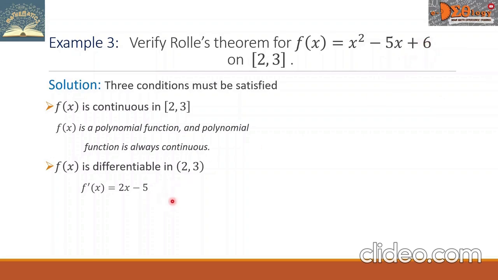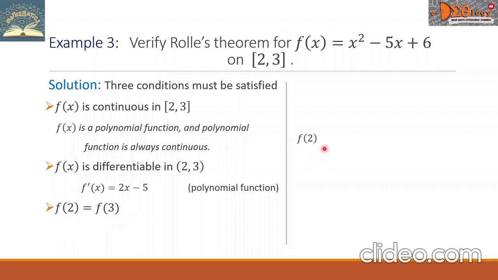And from here, we can see that the derivative function is another polynomial. And we say that polynomial function is always continuous. So, second condition is also satisfied. Third condition, with respect to our interval, we have this f of 2 must be equal to f of 3. That is what we need to prove.